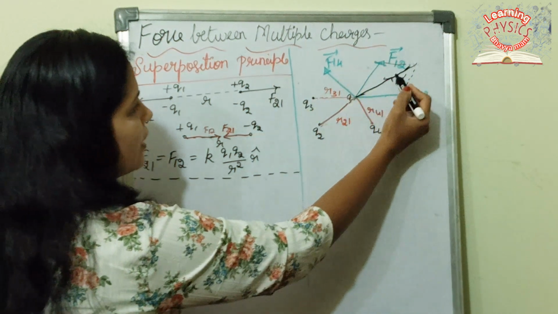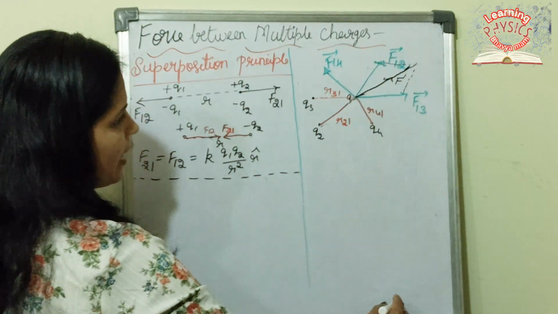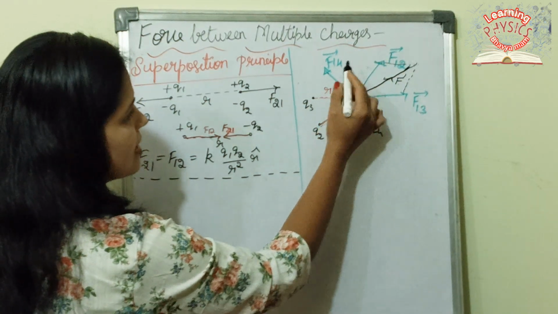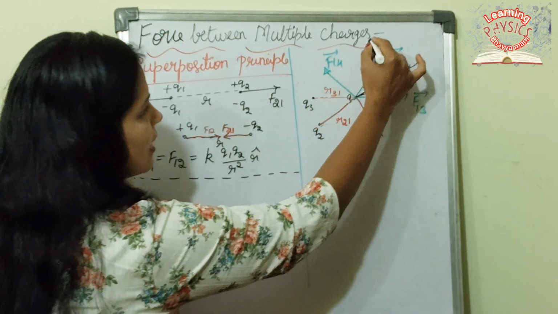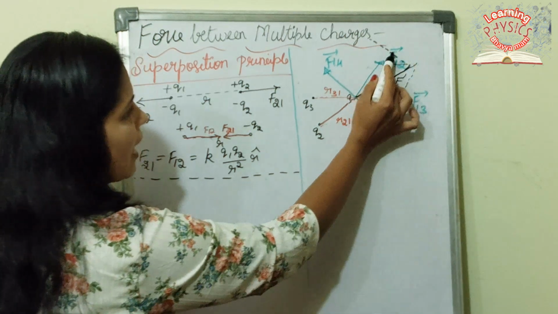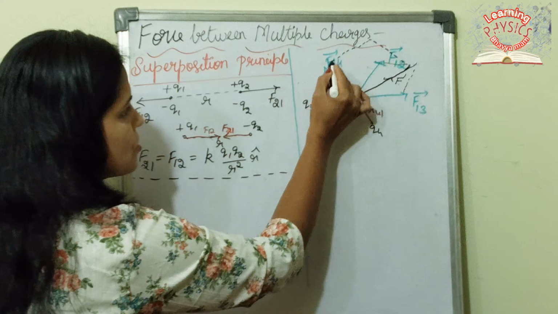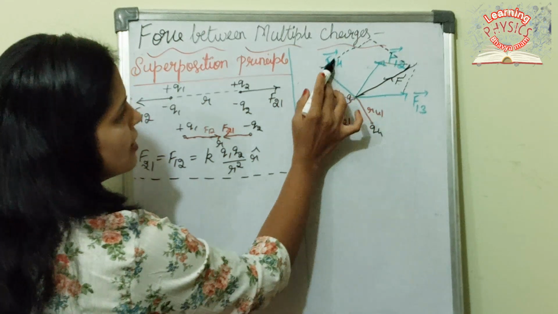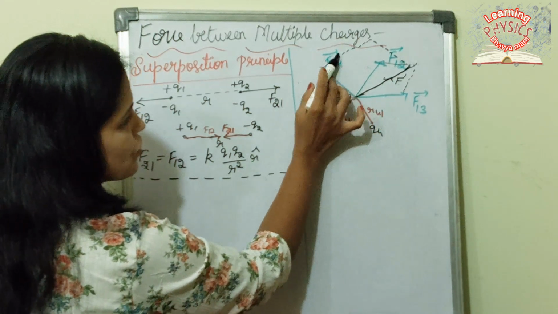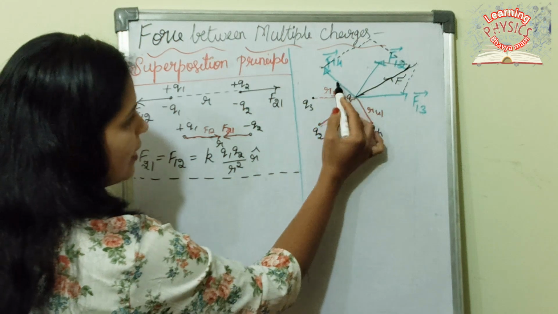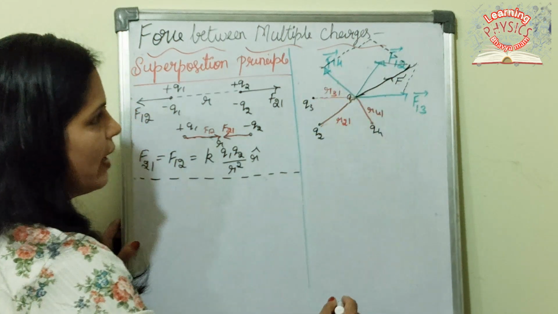So once again, we need to construct a parallelogram. These two are adjacent sides, and here I'll take one more line parallel to this, I hope it is known to you, and I'll join these two like this. So these two opposite sides are parallel, and these two opposite sides are parallel.